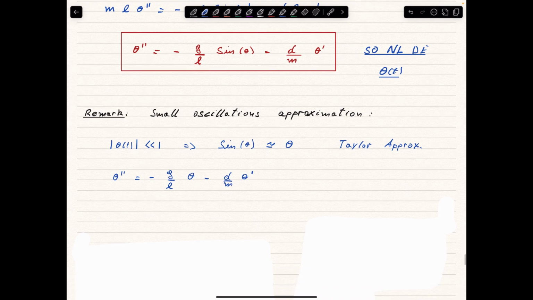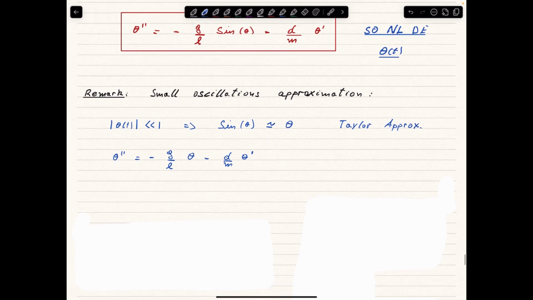Let's multiply by m and put everything on the left hand side, and then we have an equation that looks like m times theta double prime plus d times theta prime plus mg over L times theta equals 0. So we obtain these equations for small approximations, for small oscillations, sorry.